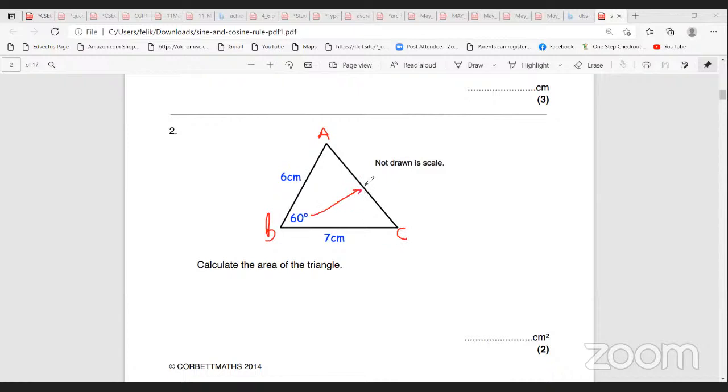All right, we're finding this side. Yes, miss, so we're finding AC. We're not doing the area.